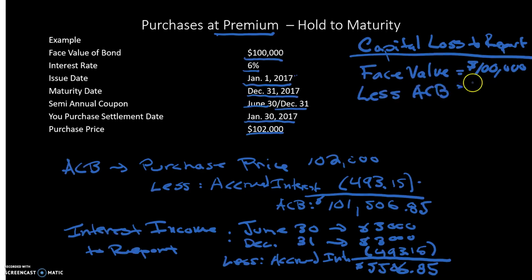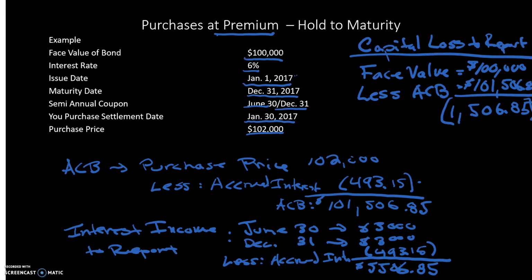The ACB here, which we've already calculated, is $101,506.85. If we take that, it gives us a loss of just over $1,500, $1,506.85. So we'd have just over a $1,500 loss.